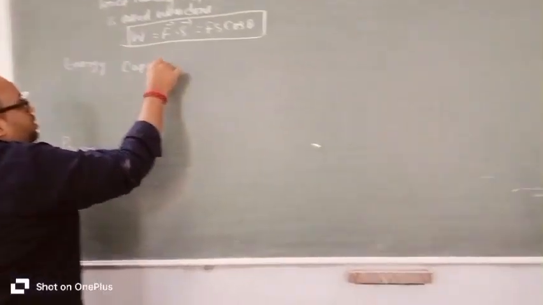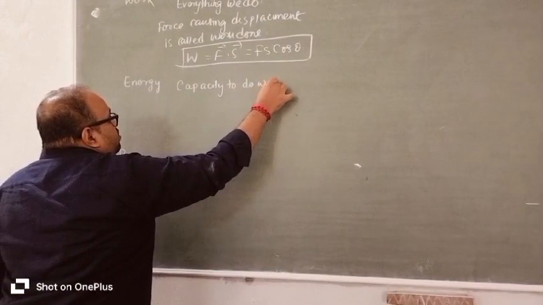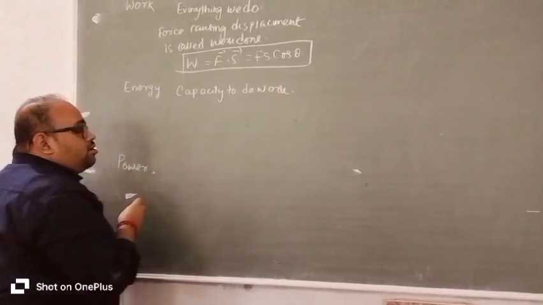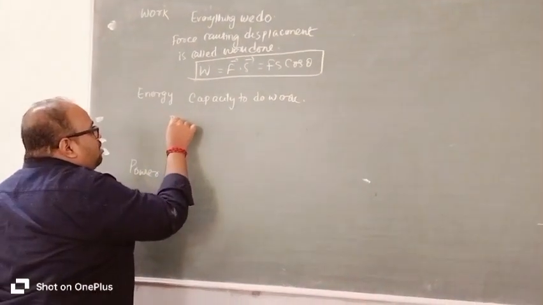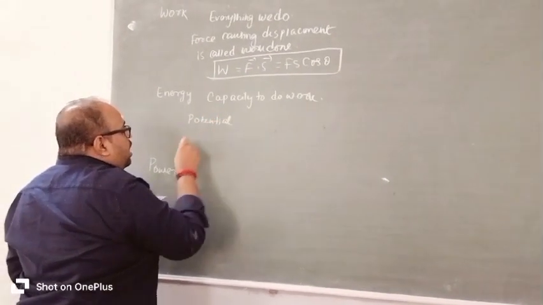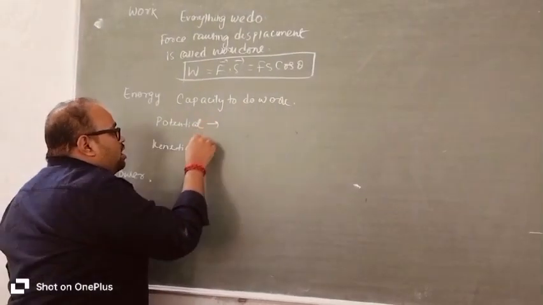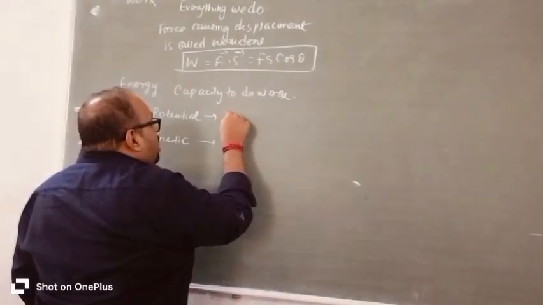And what is energy? Energy is the capacity to do work. It has two types: potential energy and kinetic energy.